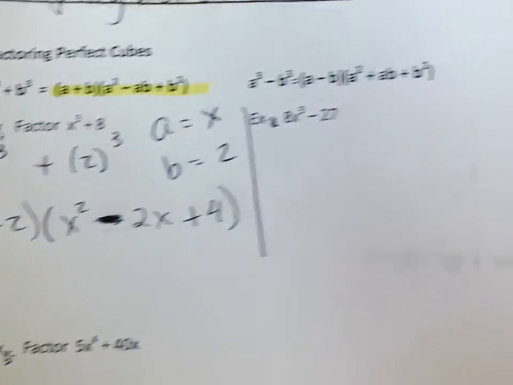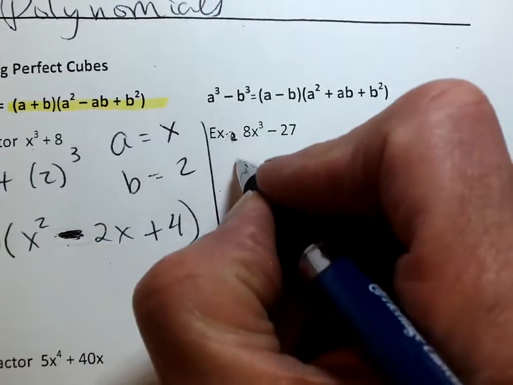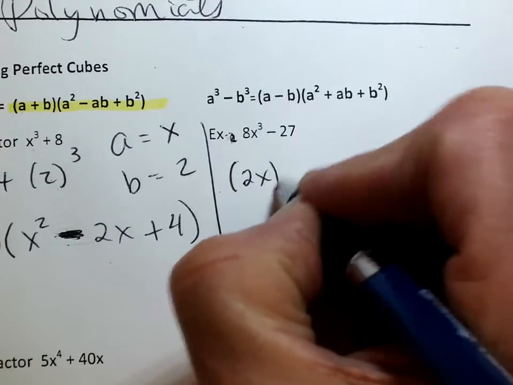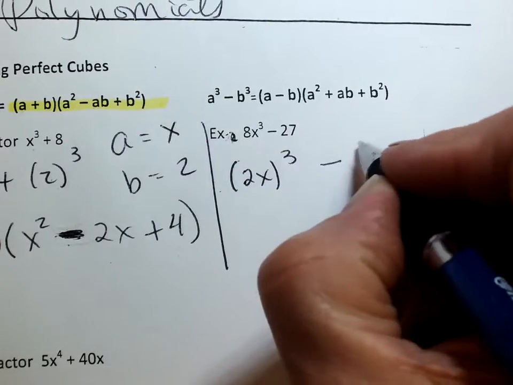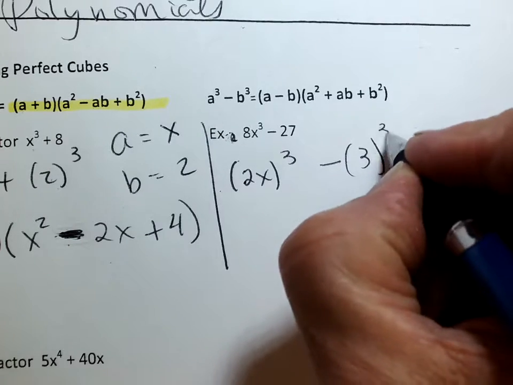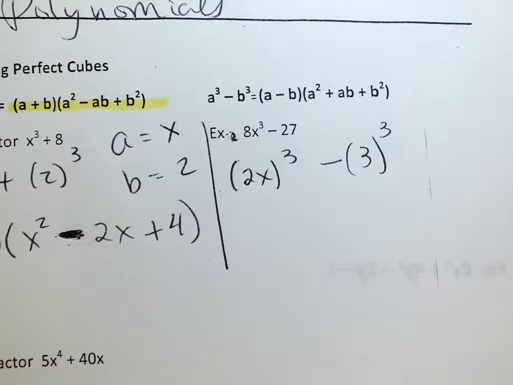So the next one, if I rewrite this as 2x cubed minus 3 cubed, okay? Because 27 really is 3 times 3 times 3, right? And 2x times 2x times 2x is really 2x cubed, right? So let me write down the a and b, and I think that'll help you a whole lot.